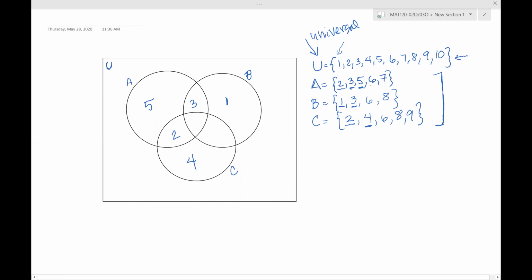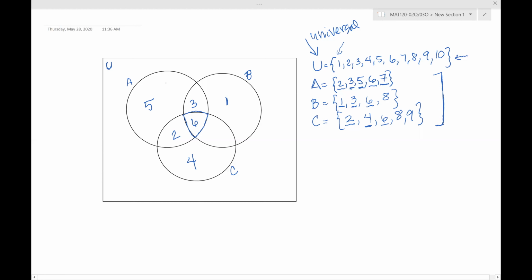6 I see in all 3 of them. I see it present in all 3. And so with 6 being present in all 3 sets, that's going to be that center part where all 3 circles are touching. So this would be that intersection, as we call it. So that 6 would go right here. Now 7 I only see as an A value.